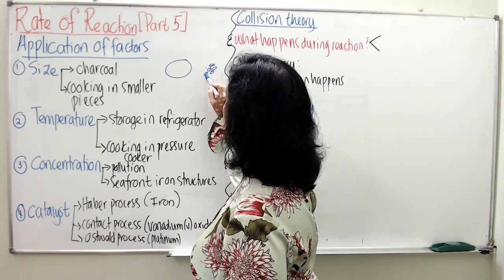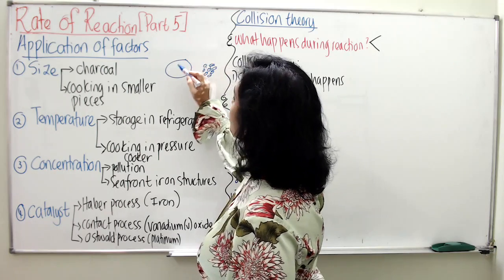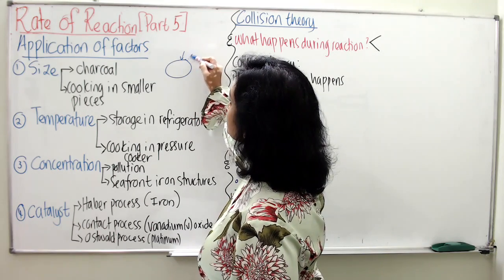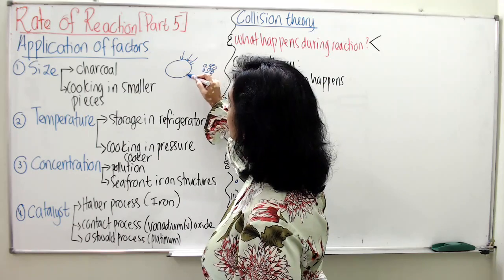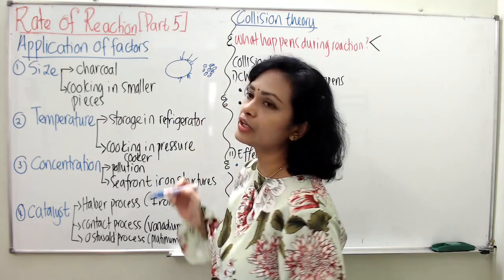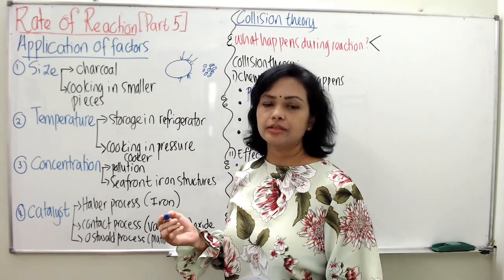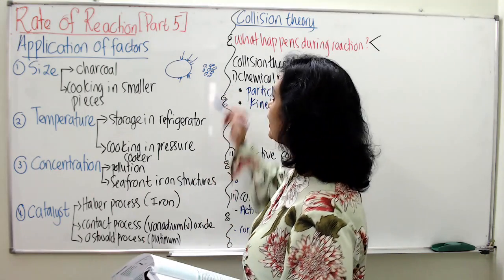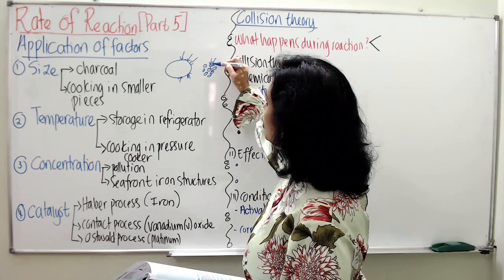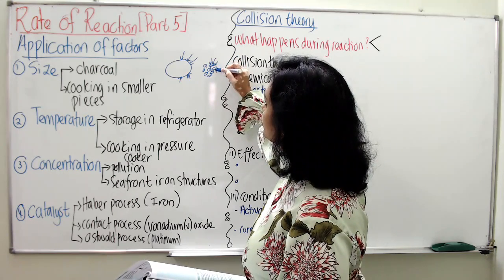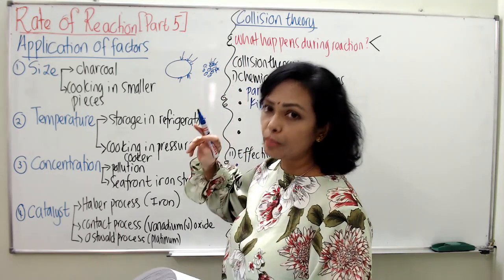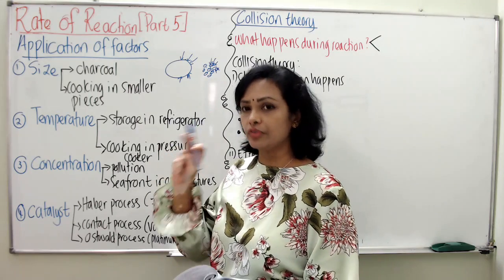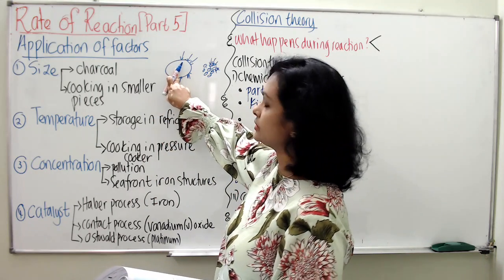You can see charcoal which is cut into bigger size, the reactant has only a small surface area to react. But when you have smaller cut charcoal pieces, the reactant has more total surface area to react. Of course, the size of the reactant here is big.